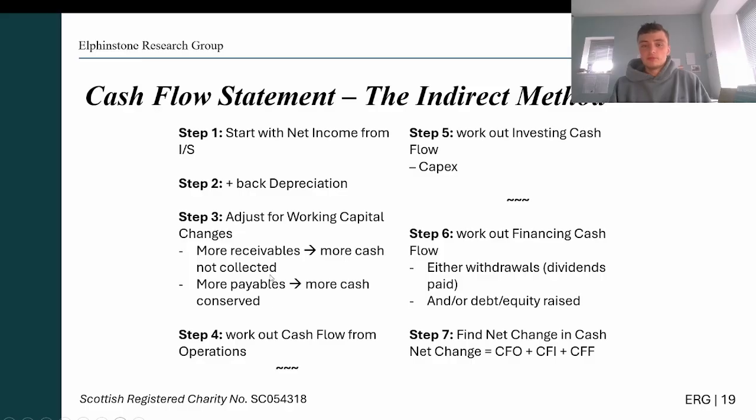Therefore, once you take that off the depreciation and other working capital changes, you will get to the operating cash flow. Investing cash flow includes capital expenditures, and financing cash flow includes those dividends that we spoke of, or debt or equity issuance or raising.